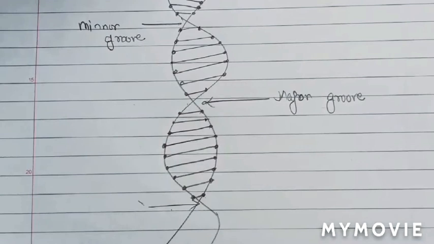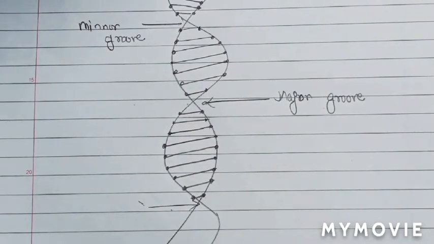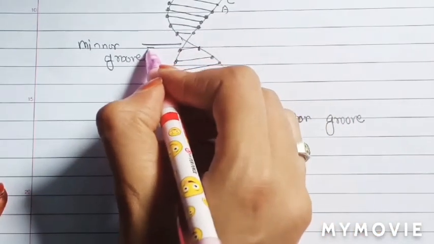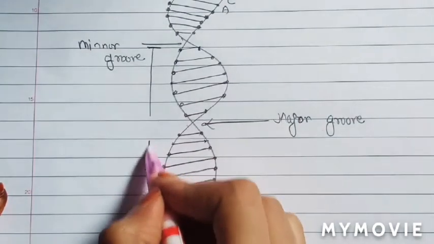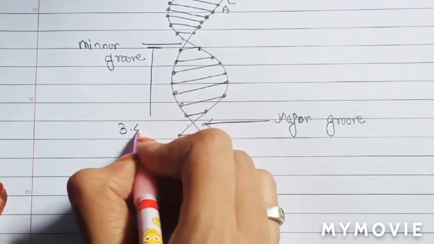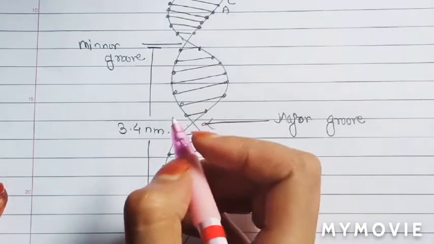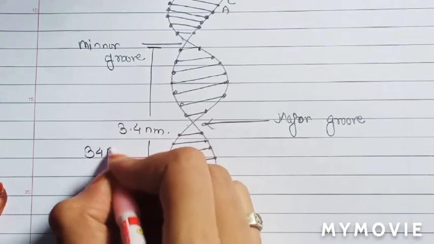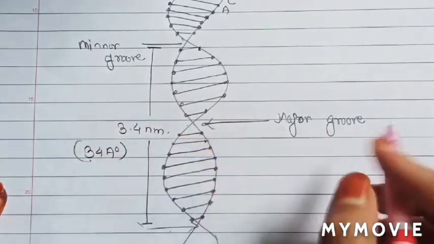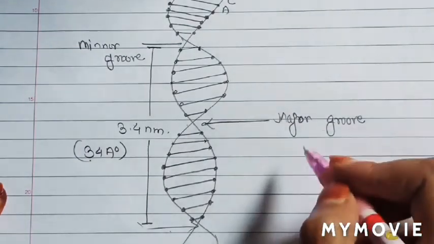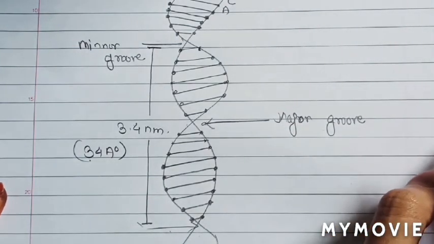The distance between these two successive major or minor grooves is 3.4 nanometer. And in angstrom units, it is 34 angstrom. The same holds for two successive major grooves: 3.4 nanometer.